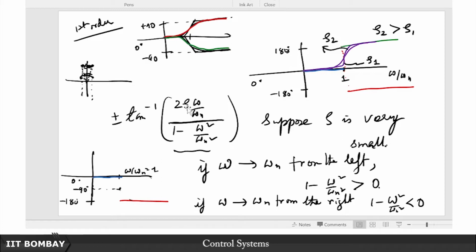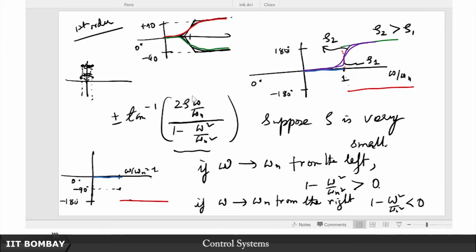So if zeta is very small, then both the numerator and the denominator are small values as omega tends to omega n. So therefore you might think of something like this, and as omega switches from being smaller than omega n to being larger than omega n, the sign flips in the numerator, in the denominator, and if the sign of the denominator flips, it means that there is a transition of the complex number from one side to the other, such a transition like this.